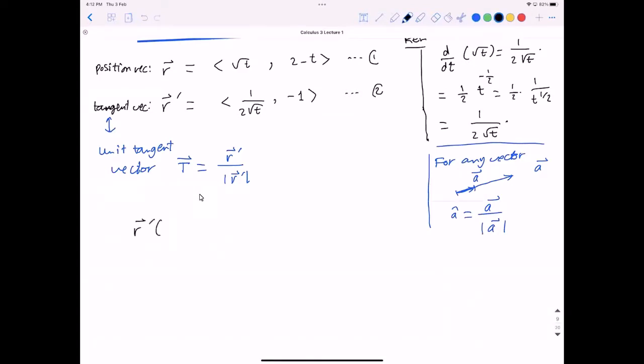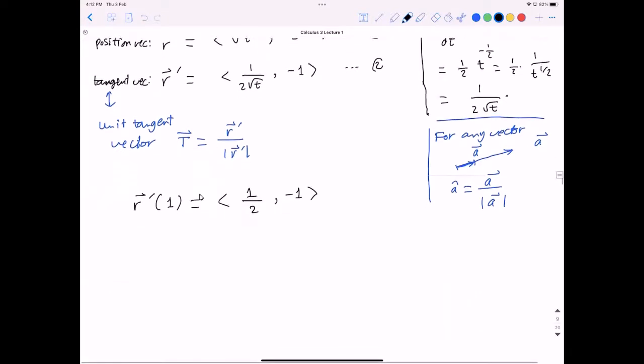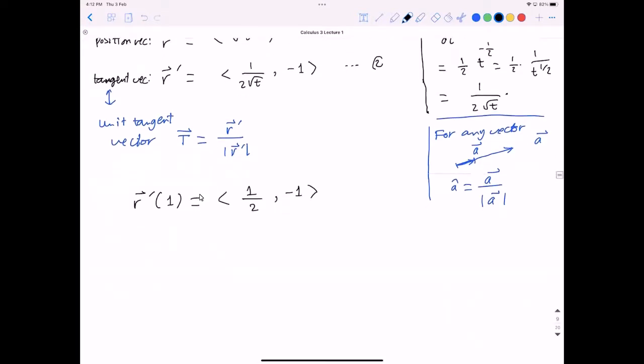R prime of 1: substitute t equals 1 to get 1/2 and minus 1. This is the tangent vector at time equals 1. T at 1 is R prime at 1 divided by its magnitude, the magnitude of this vector.